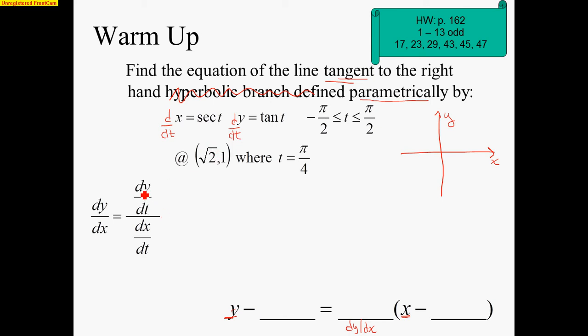So what is the derivative of y with respect to time? The derivative of y is secant squared of t, right? And the derivative of x with respect to t is secant t tangent t.